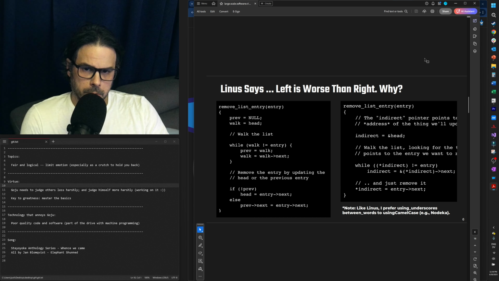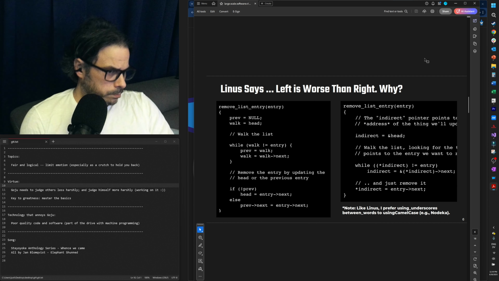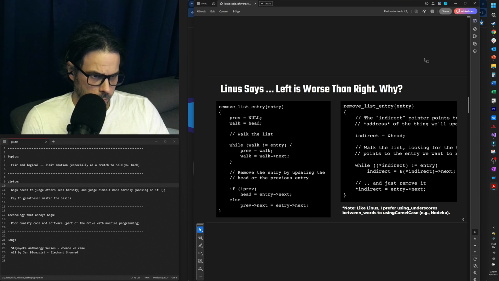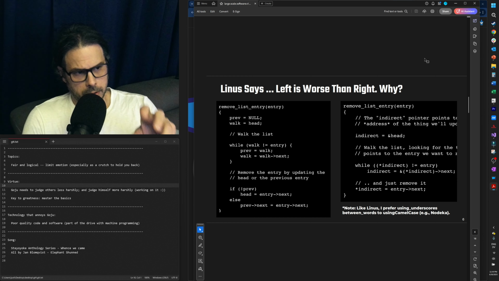But I can share with you, one, that I agree with Linus, and two, that I have a very clear reason why the code on the left is worse than the right. And the reasoning is, in fact, maybe Linus does talk about this. Maybe someone can rewatch that TED Talk and let me know. So I think he argues that it has to do with good taste.